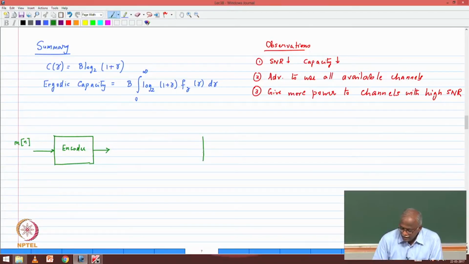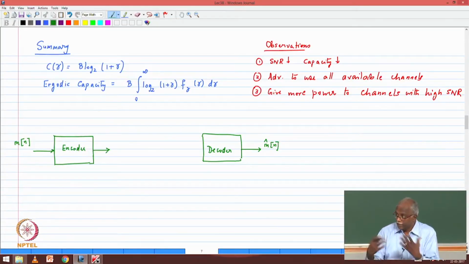Then at the other end, I'm trying to decode, the counterpart decoder, such that I can recover M hat of n. Okay, the channel for which the encoder and decoder have been studied very extensively in terms of Shannon capacity is the AWGN channel.